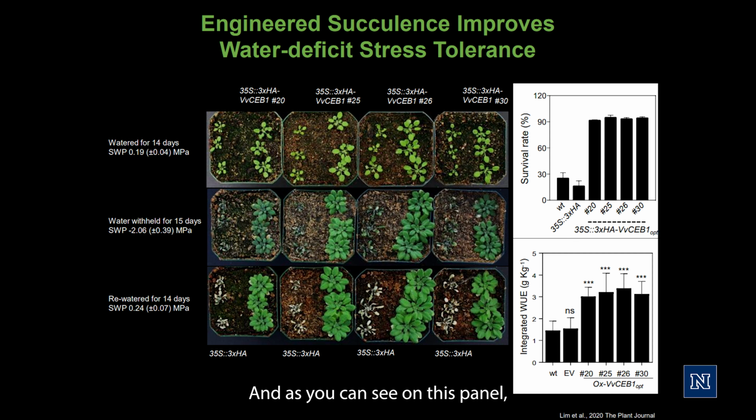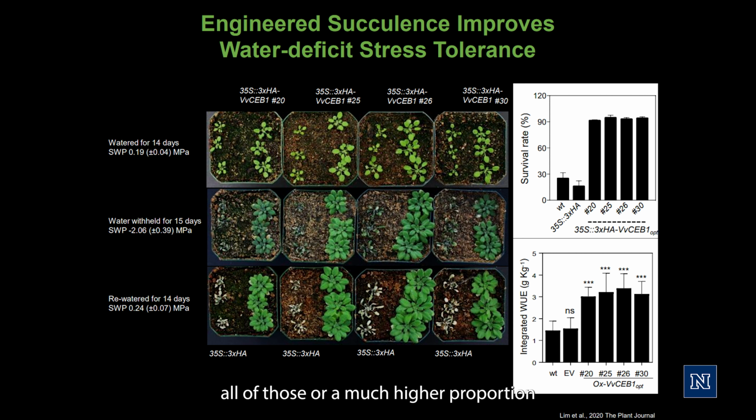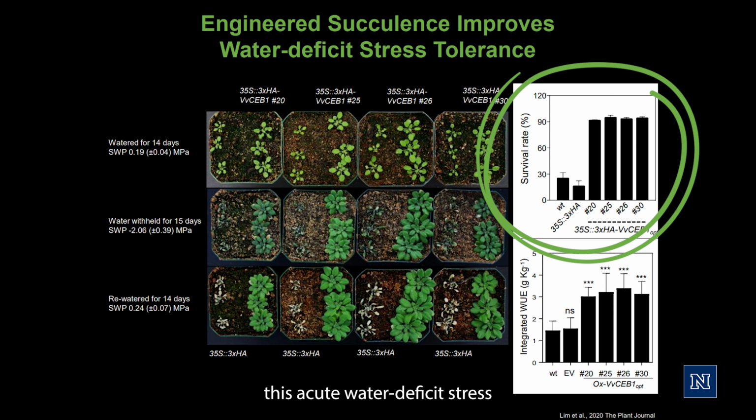As you can see on this panel, the plants on the left side of each pot are control plants, and after an acute water stress of 15 days and then a recovery period, all of those control plants died. On the right side of each pot, you can see our succulence-engineered plants. A much higher proportion of those, greater than 90%, were able to survive this acute water deficit stress.